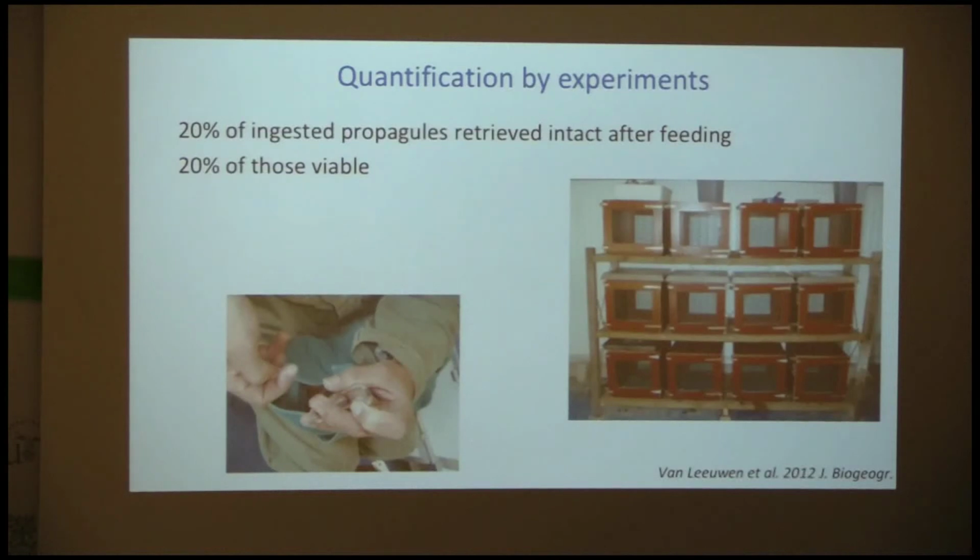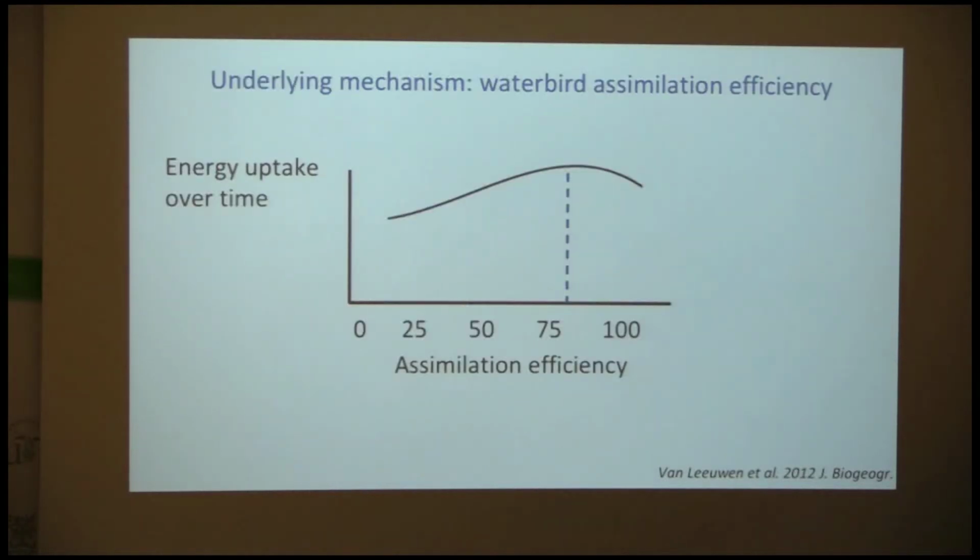And 20% of those would also still be viable. That made me think a little bit, because in the field collections of droppings, you find about 5% viability of propagules. Propagules is any dispersal unit of a plant or an invertebrate, I should mention. And then in experiments, you find about the same percentage. So this suggests some kind of underlying mechanism.